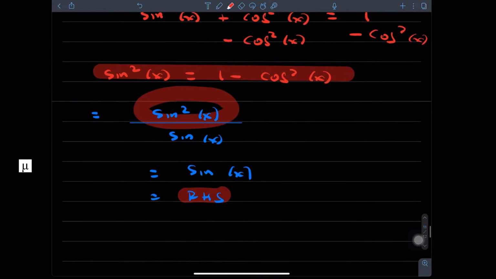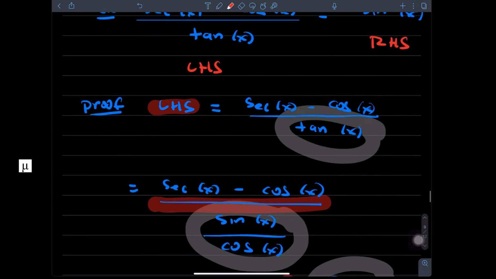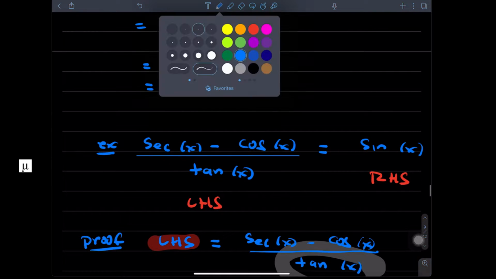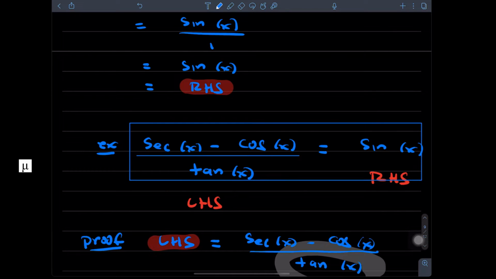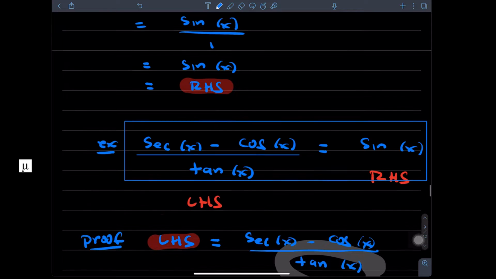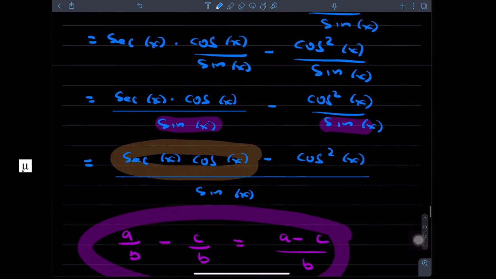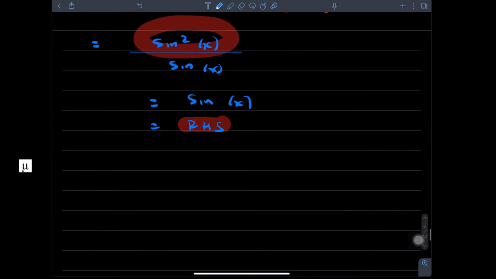And that ends the proof there. So that statement they gave us originally is valid. It's a true statement. We simplified. Easy breezy, lemon squeezy. What do you guys think? Pretty nice?